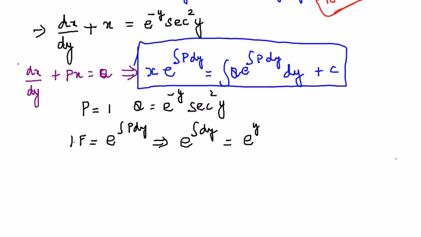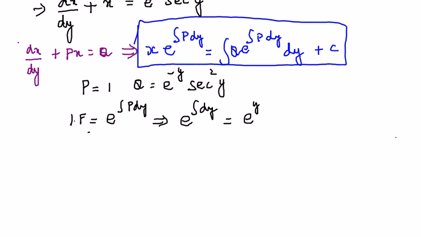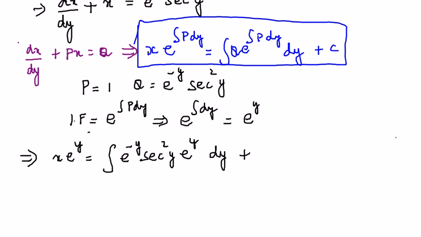Now therefore, can you substitute this in this solution here? Therefore your solution becomes x into e power y is equal to integral of e power minus y secant squared y, that is the value of q, into e power integral p dy, that is the IF, that was nothing but e power y dy plus c.